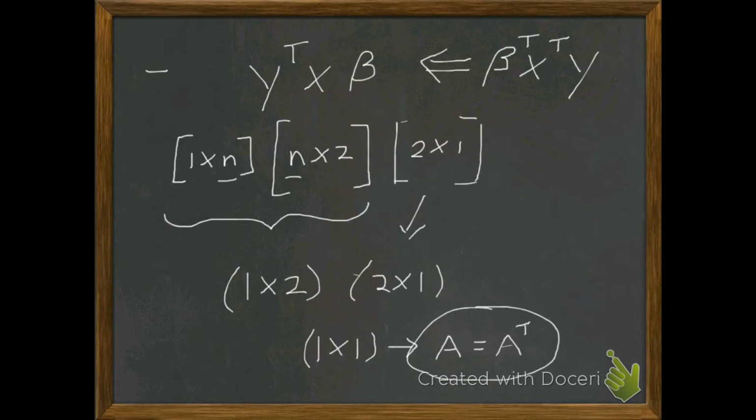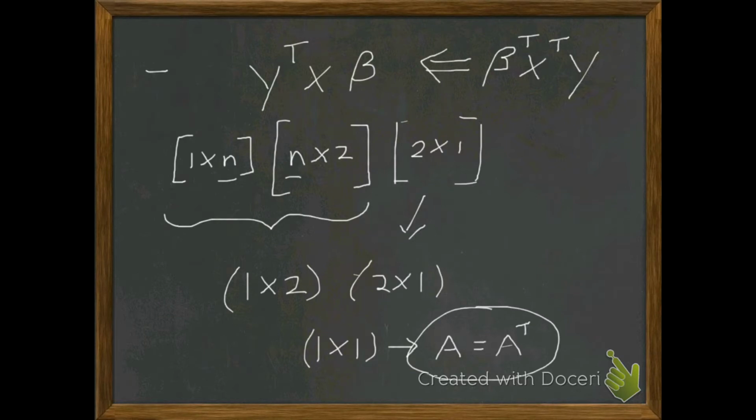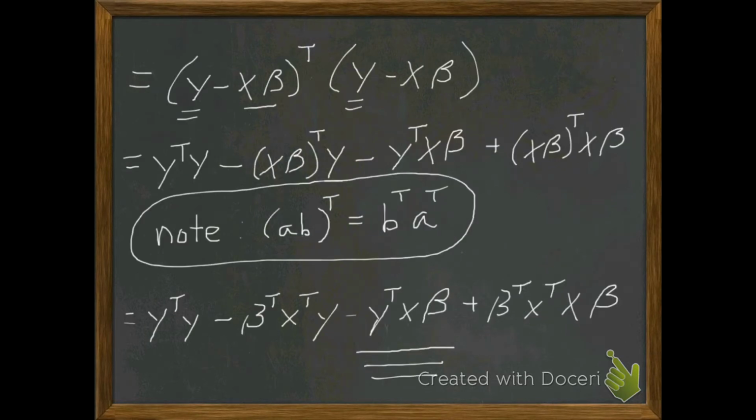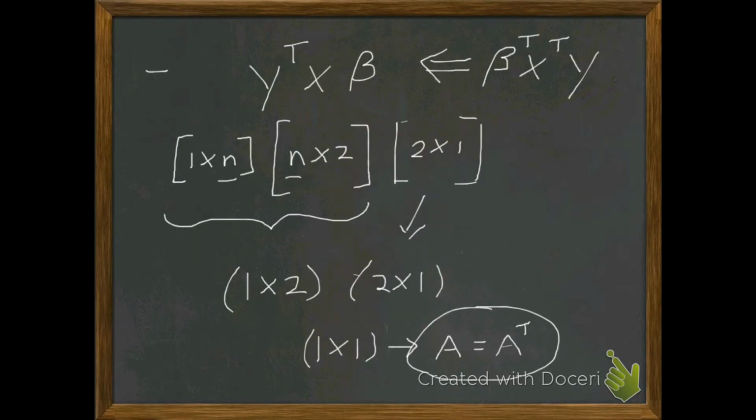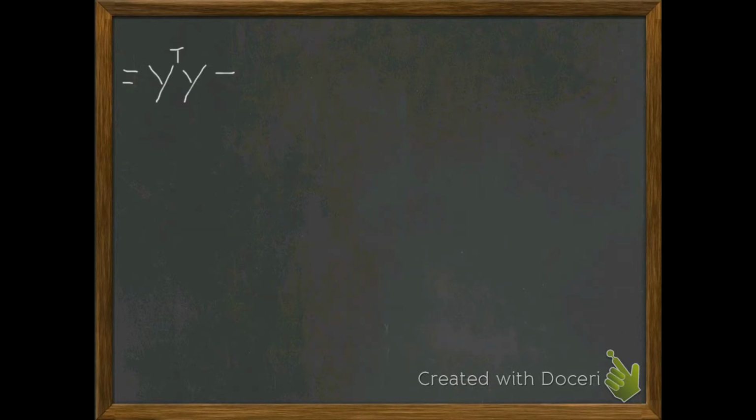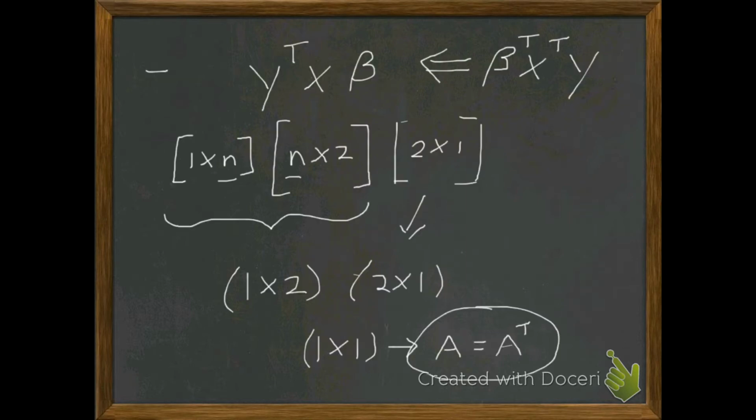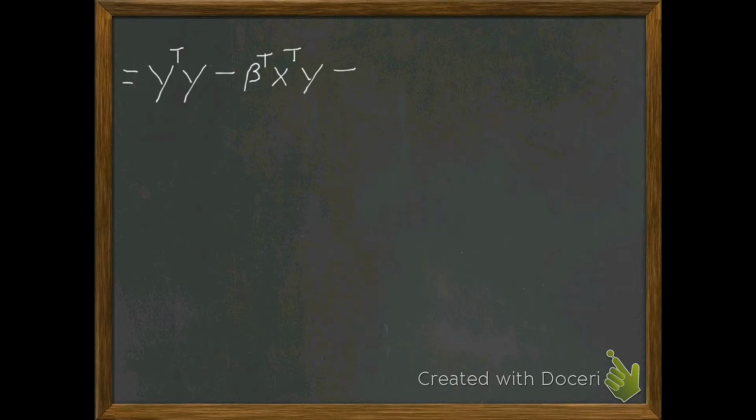So let's scoot on over here. Now we're going to have y transpose y minus beta transpose x transpose y minus, now we're going to go back over here and get what we got from all this work on this page, so it's beta transpose x transpose y.